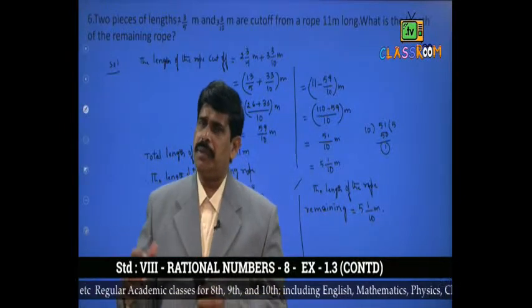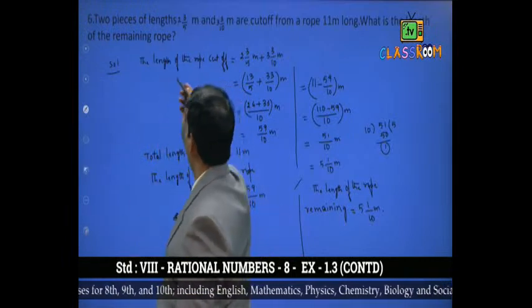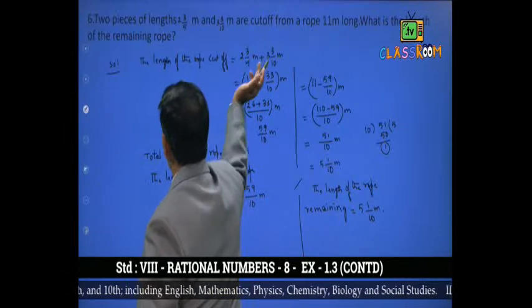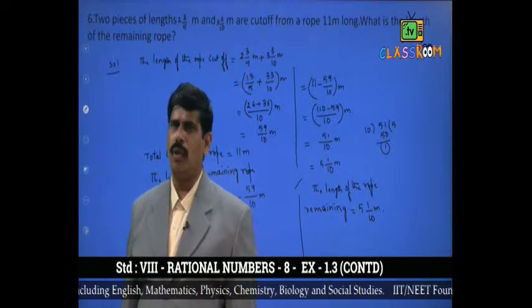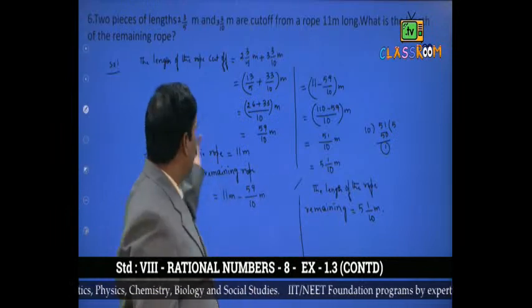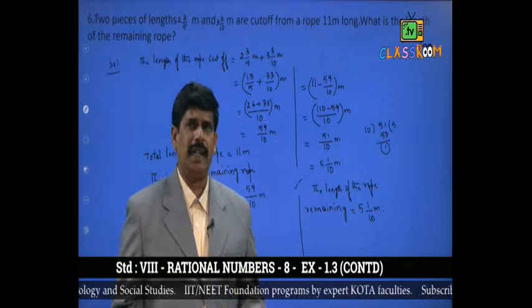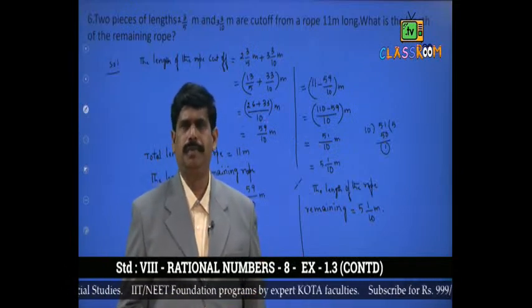Instead of doing them separately, you can also do like this, like 11 minus first piece minus second piece. Directly you can go for that also. 11 minus length of the first piece is 2 3 by 5 minus 3 3 by 10. Like that also you can do.